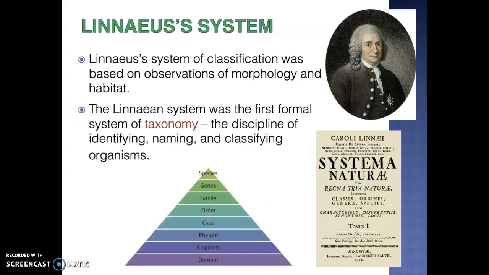The Linnaean system was the first formal system of taxonomy, and taxonomy is the discipline of identifying, naming, and classifying organisms. And you can see we've got domain, which is the largest category, down to the smallest category, which is species.